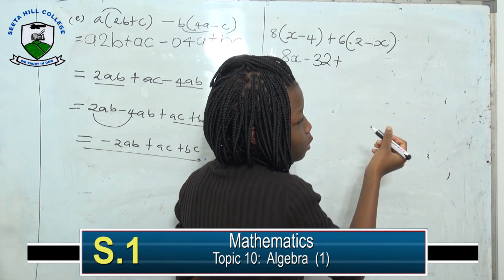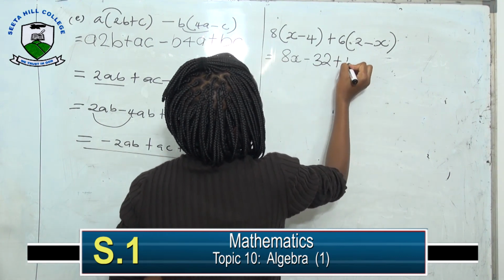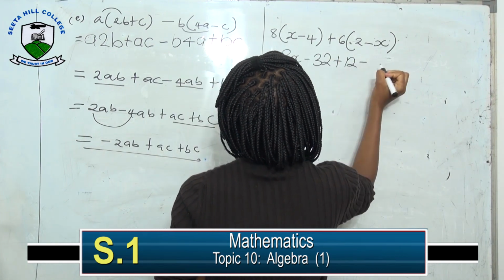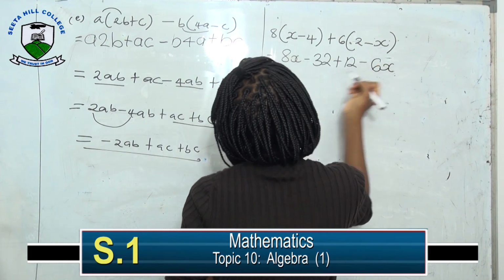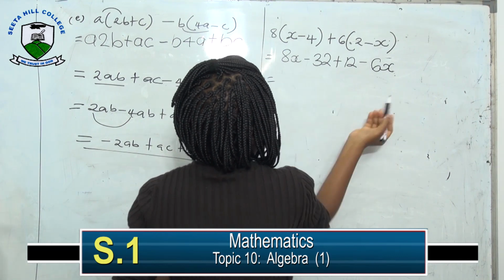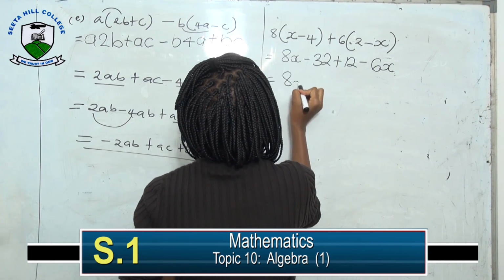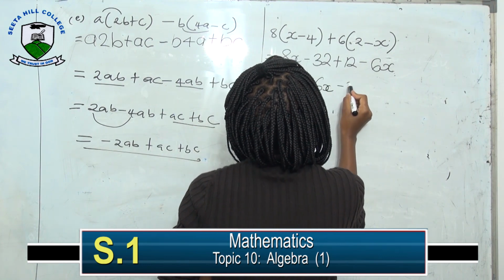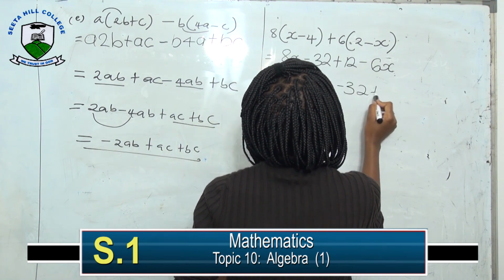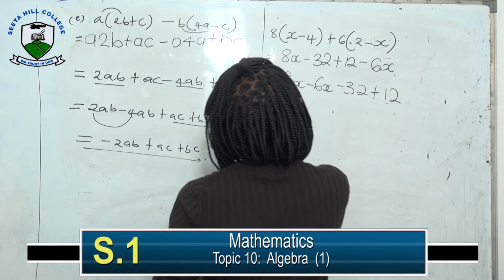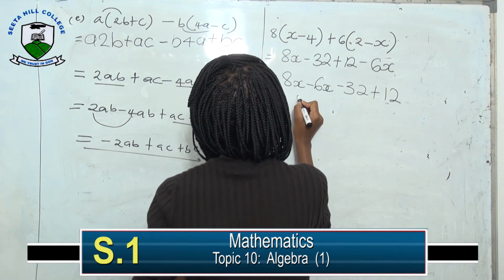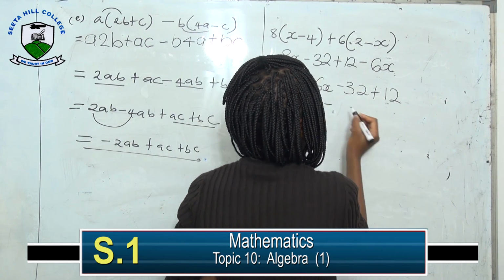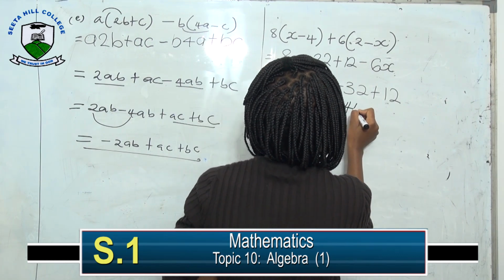Plus 6 times 2, 12. Minus 6 times x, 6x. Equals, carry the line, 8x minus 6x minus 32 plus 4. 8x minus 6x is 2x minus 32 plus 12, 40.